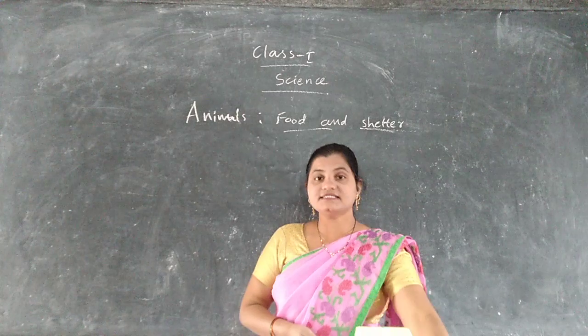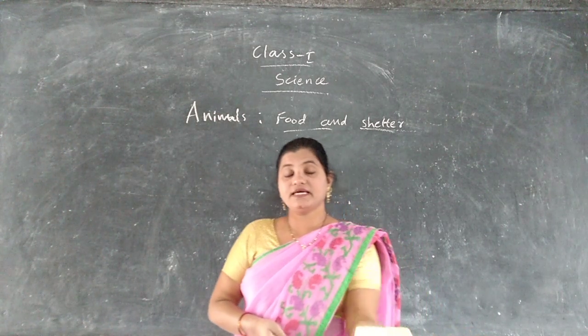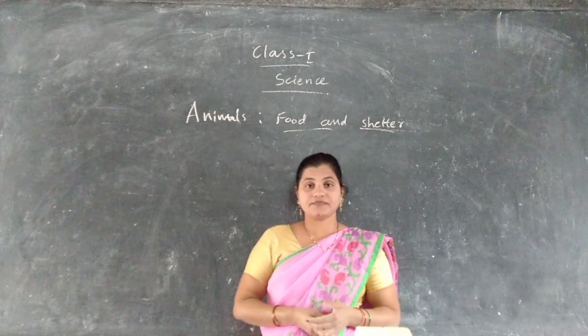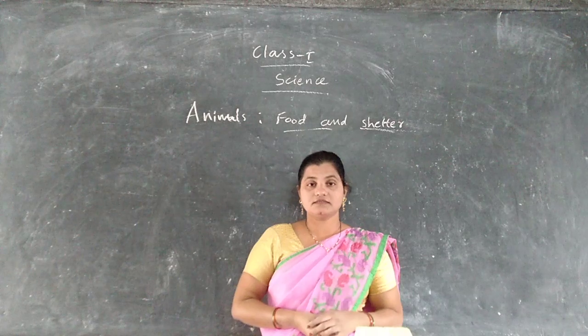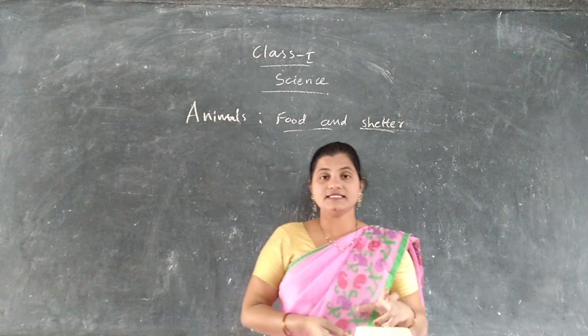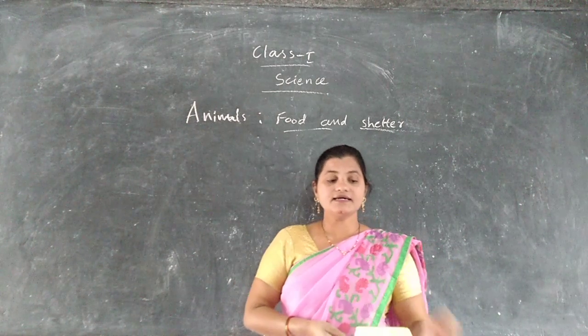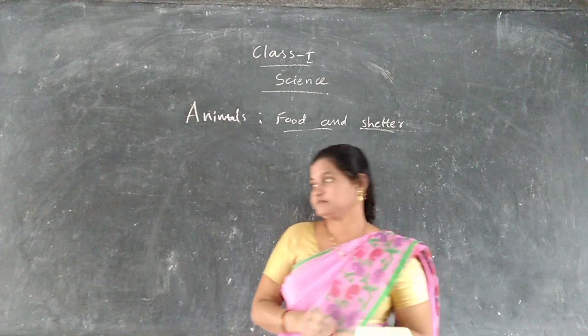So we can say these shelters keep the animals safe from their enemies, and these shelters give protection to them from rain, cold, winds, sunlight and temperature. From all these things they can get protected because they can live in the shelters.